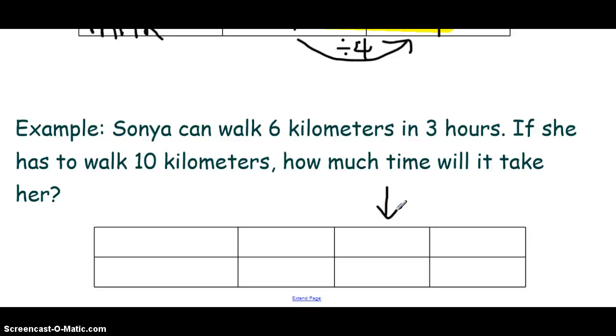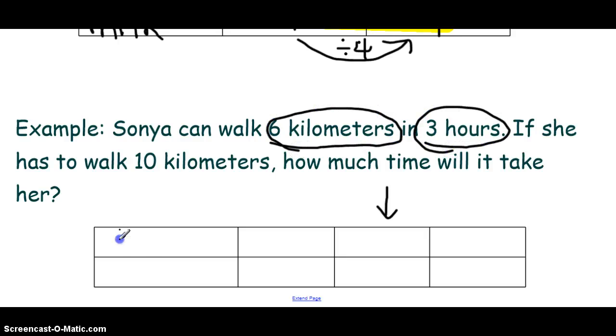So first let's talk about the 2 units of measure that we are comparing, kilometers and hours. So I'm going to put kilometers up top and hours in the bottom part of my table. So she walks 6 kilometers in 3 hours.